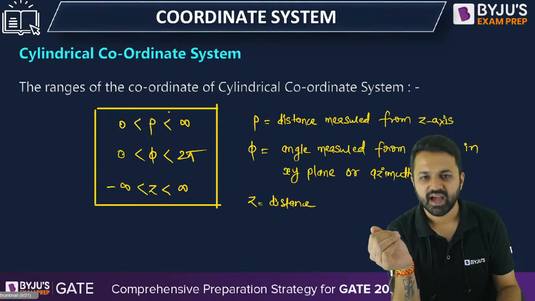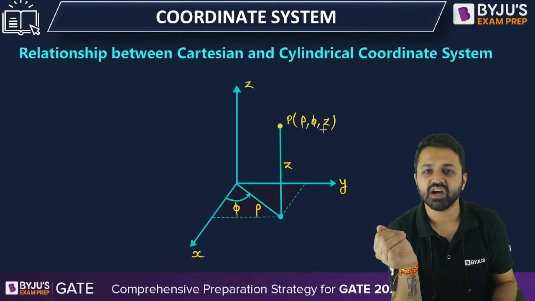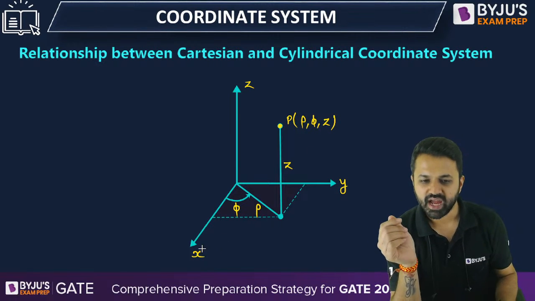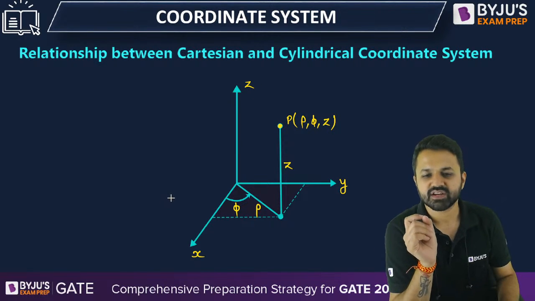In this way, I am representing a point in space in the cylindrical coordinate system, and this is x, y, and z, which is related to the Cartesian coordinate system.